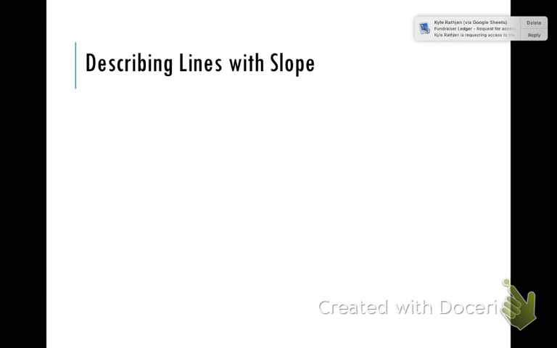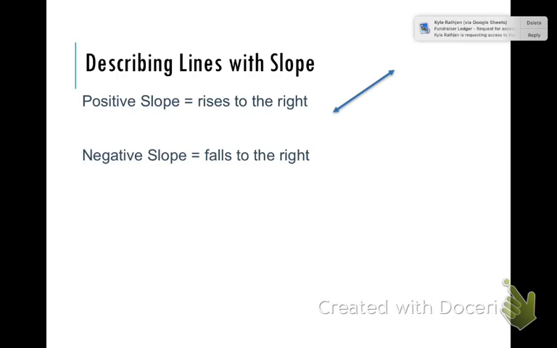Now, from there, we have different types of lines with slope. We have a positive slope that rises to the right. It's like I'm climbing a mountain to the right. I have a negative slope, which is going to fall to the right.